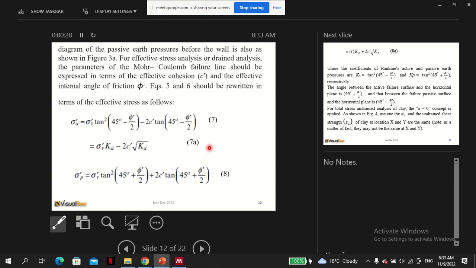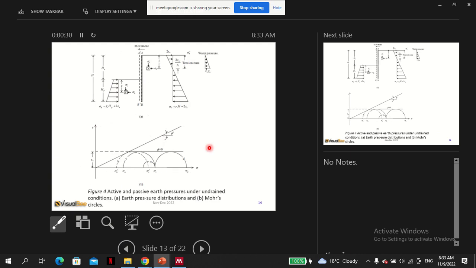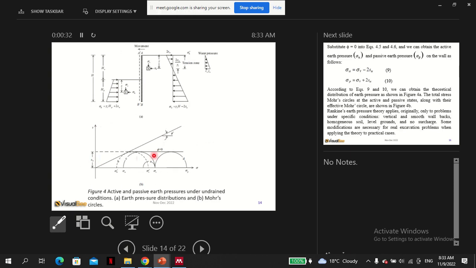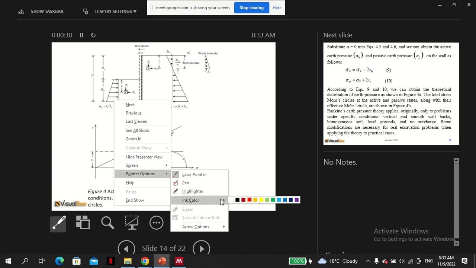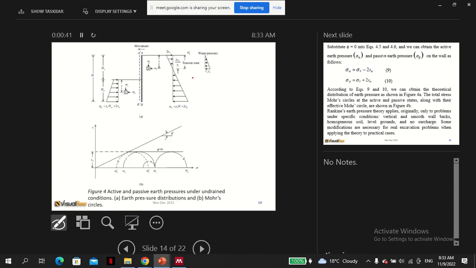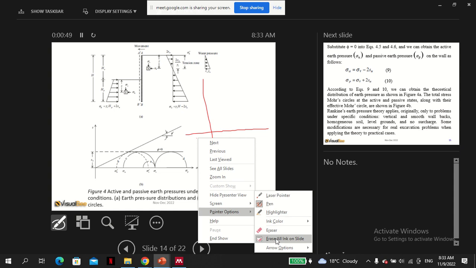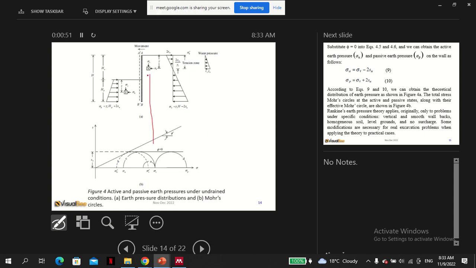So for undrained clay, I think the practice is to assume the UU. So for undrained or for saturated clay, this UU concept that we have talked about for undrained clay.